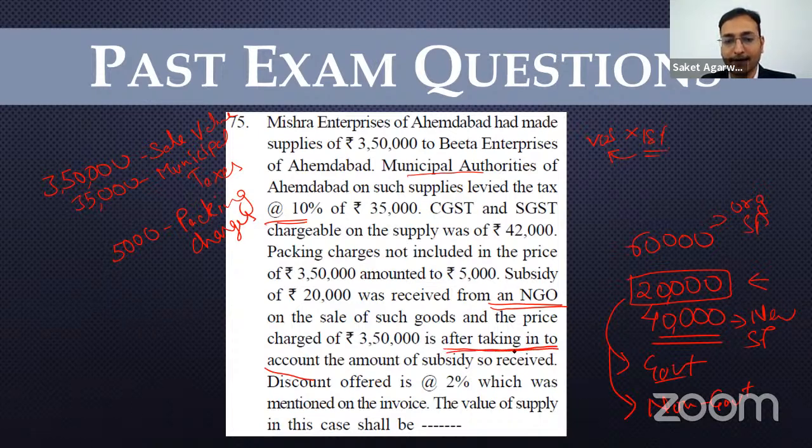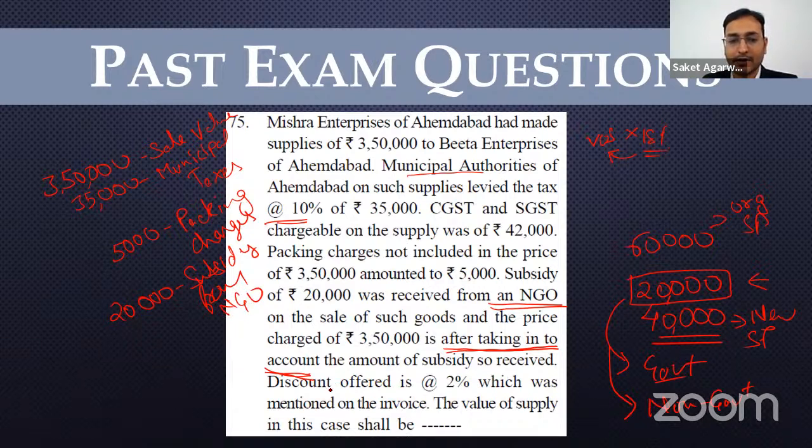Because they have mentioned after taking into account the amount of subsidy. That means they have already reduced 20,000 rupees. So this 20,000 rupees, subsidy from NGO, we will add back. Okay.